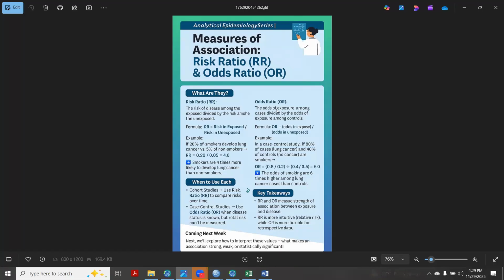Let me use a very good example to differentiate both based on the study design. Now, let's assume we have a cross-sectional study design. What is a cross-sectional study design? In a cross-sectional study design, you take a cross-section of participants that are exposed to whatever condition you're interested in.